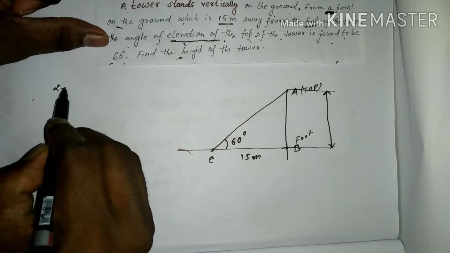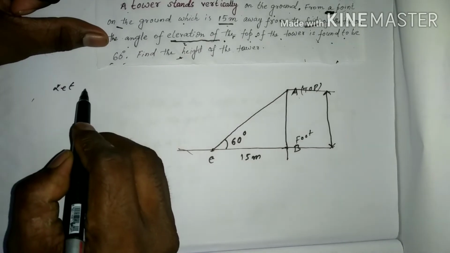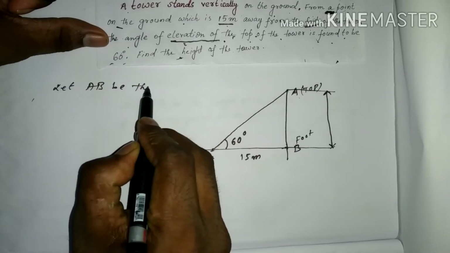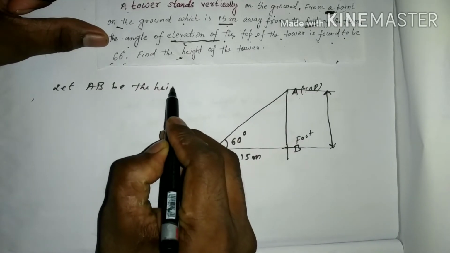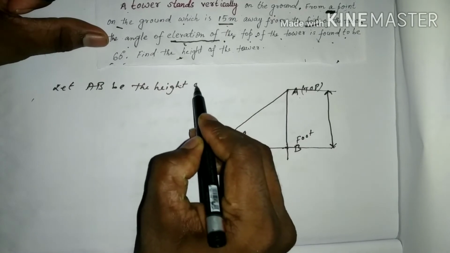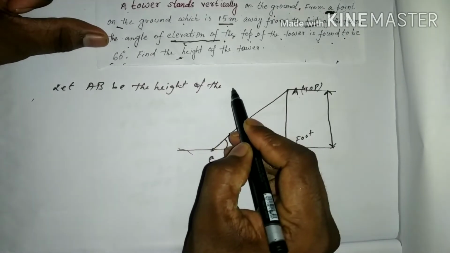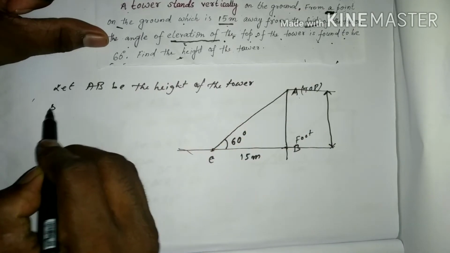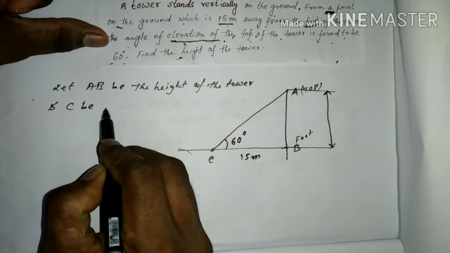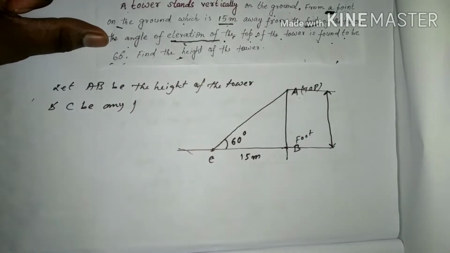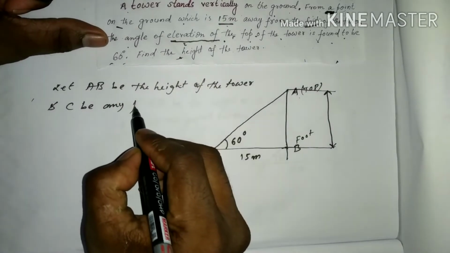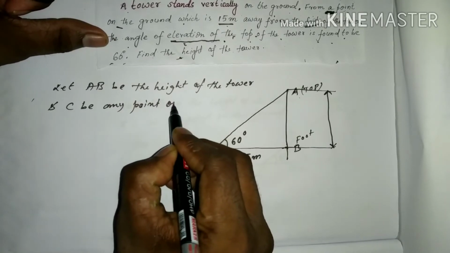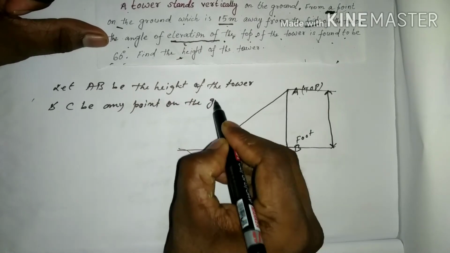Suppose we first let AB be the height of the tower, and C be any point on the ground.